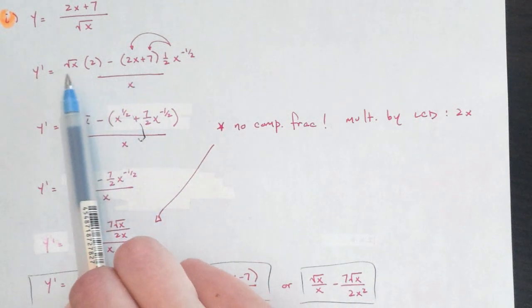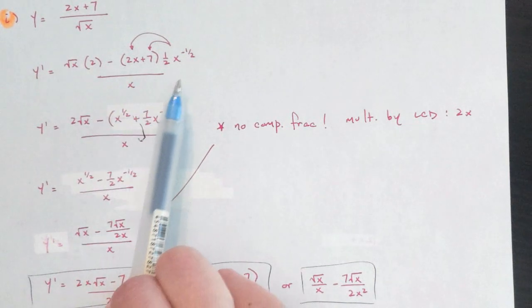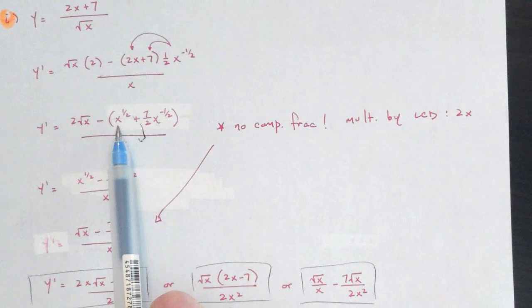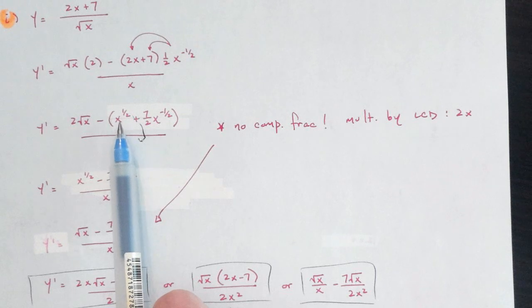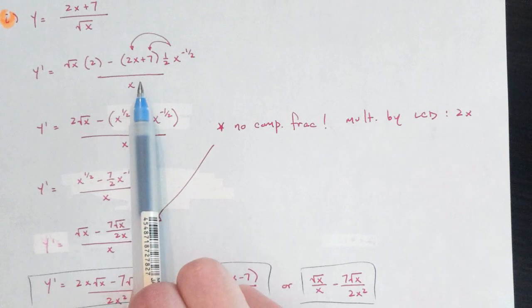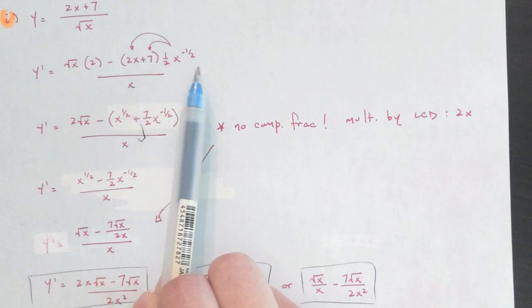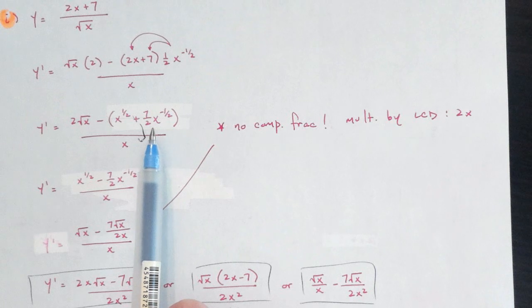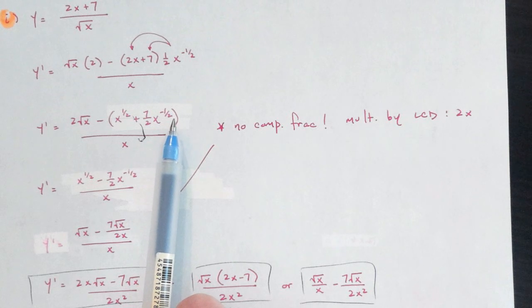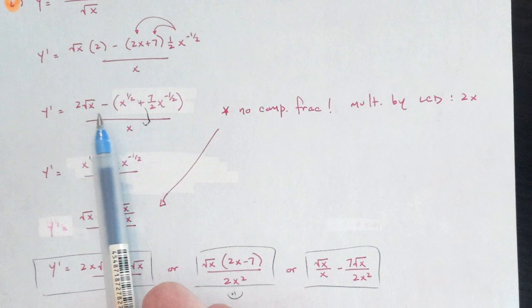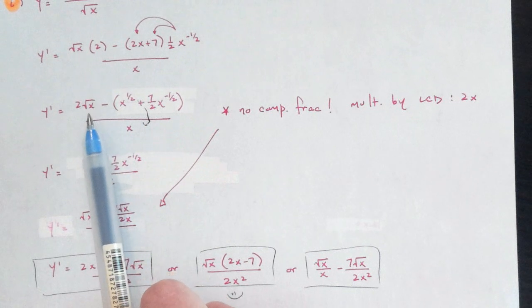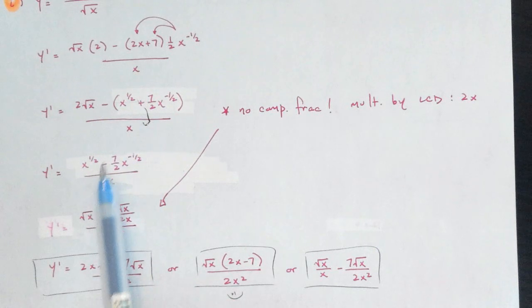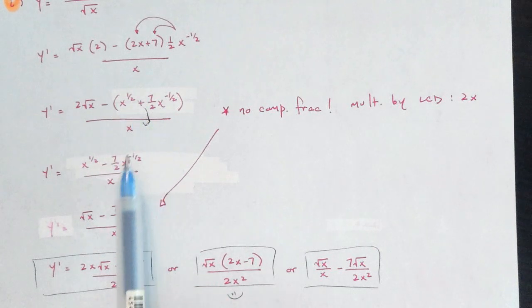Okay, so what I did first is I multiplied this part, no problem, and then I multiplied this in. So I distributed it in, and then that's why the 1/2 times 2 is just 1, and then I have x to the 1 minus 1/2, which is x to the 1/2, plus, and then I multiply, I get 7/2 x to the negative 1/2. And then I keep going, I multiply, so this is x to the 1/2, so 2x to the 1/2 minus x to the 1/2 is 1x to the 1/2, and then a negative times a positive is a negative.